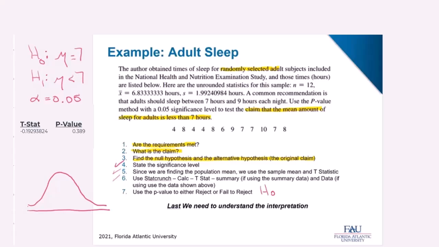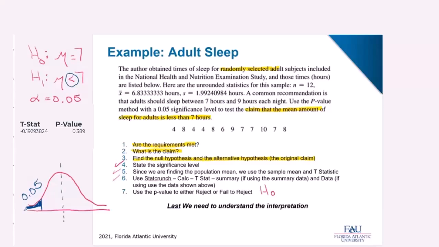Because of this less than, it's a one-tailed test, where the area under this curve is 0.05, and the rest is 1 minus 0.05, or 0.95. Now, my p-value is 0.3887, which is going to fall somewhere in the middle.